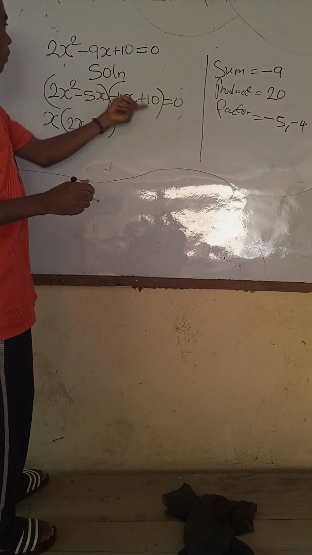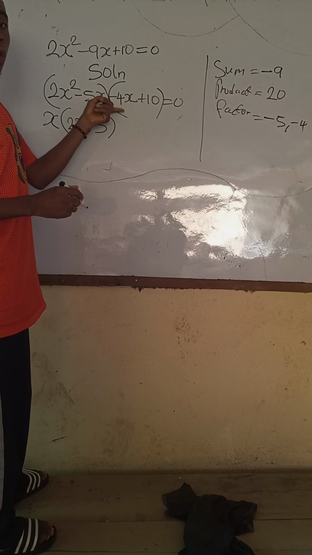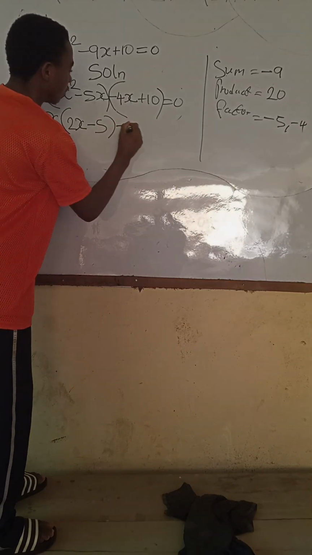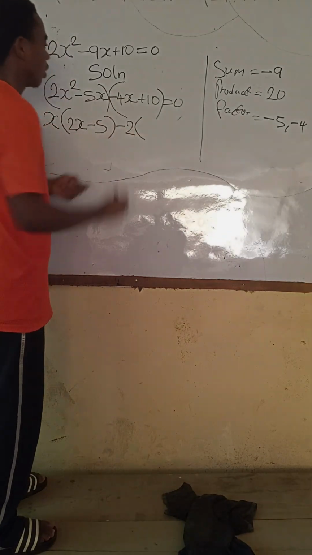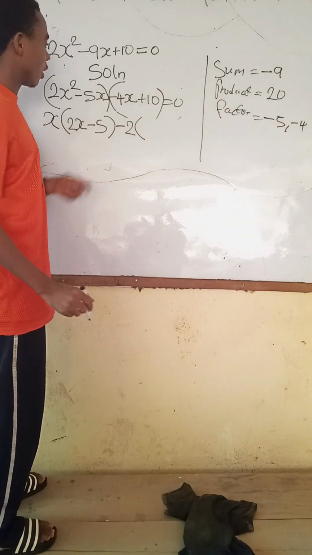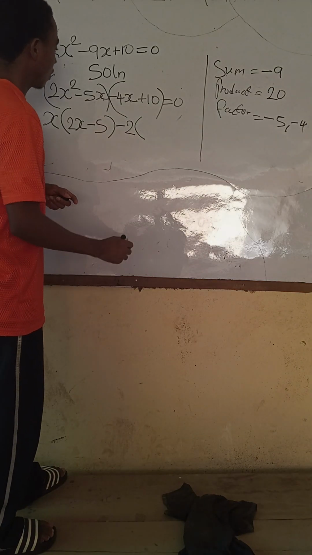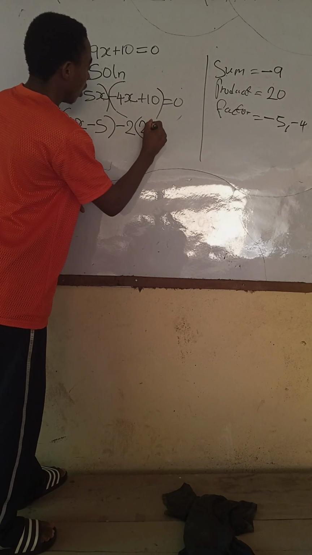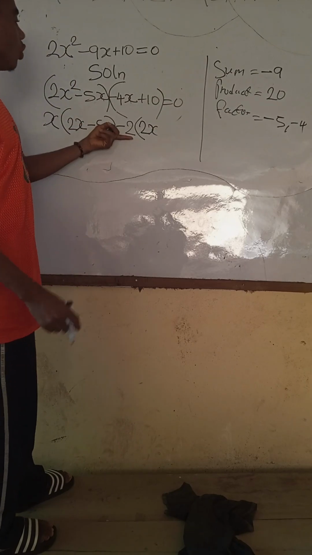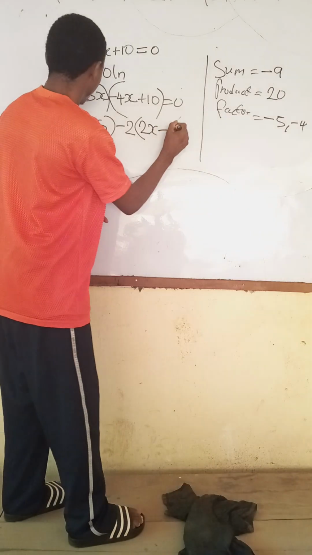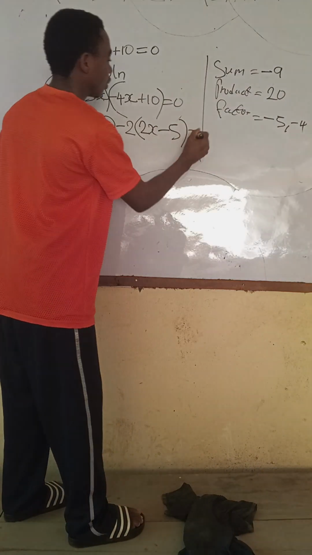What is common here? What can divide -4 and also divide plus 10? What can divide -4 and 10 is -2. -2 into -4x will give us 2x, and -2 into plus 10 will give us -5, which is equal to 0.